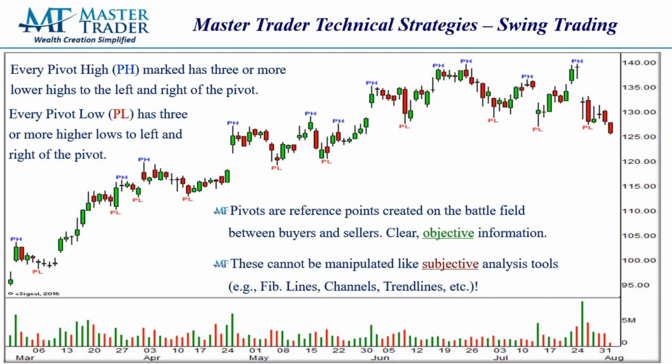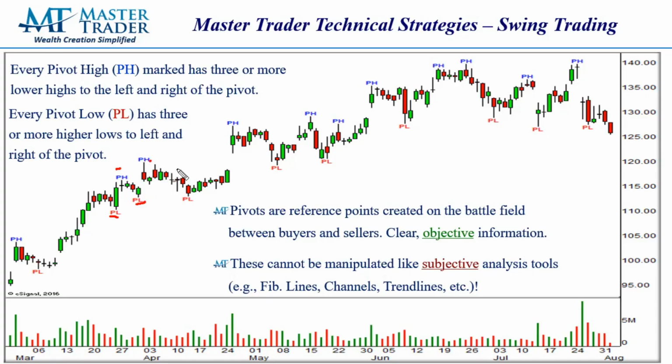Every pivot high is marked here, and each one of them has 3 or more lower highs to the left and the right. And every pivot low has 3 or more higher lows to the left and right of that pivot. And as you can see, we now get a trend of these pivots. Pivot low, pivot high, pivot low, pivot high, and we can just visualize them.